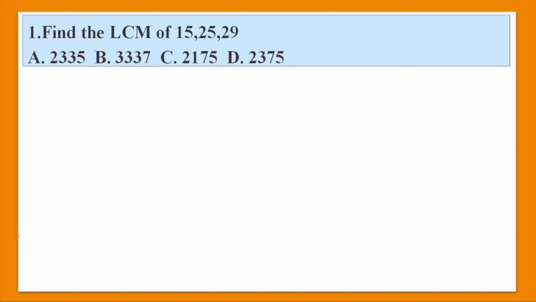Find the LCM of 15, 25, 29, and here we have options for it. There are different ways to solve this.